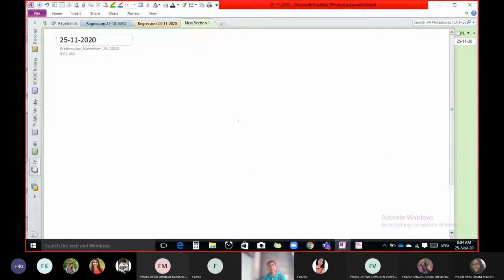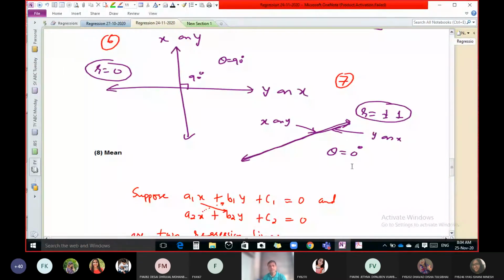See, just see, this is property number 6. If these two lines are perpendicular, then the angle is 90. And the angle is 0 when the two lines coincide. When r equals plus or minus 1, the angle is 0.